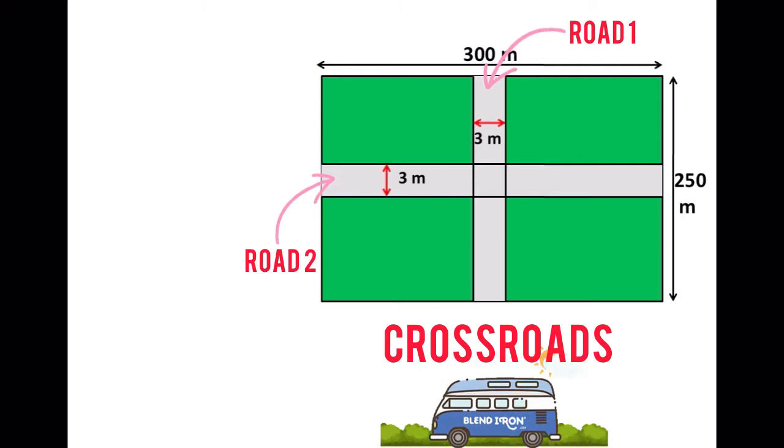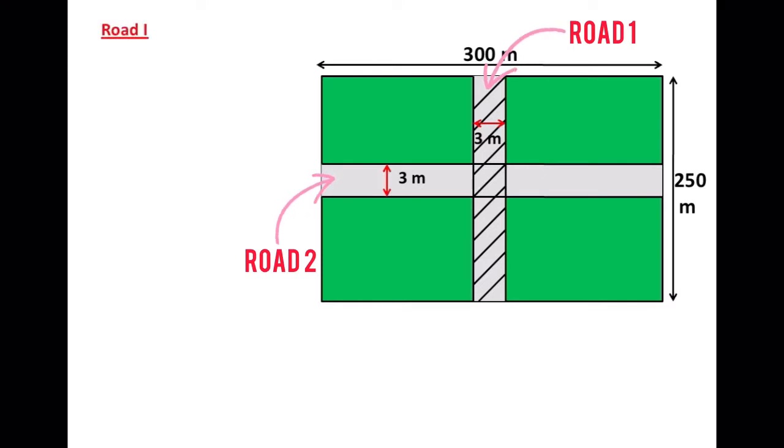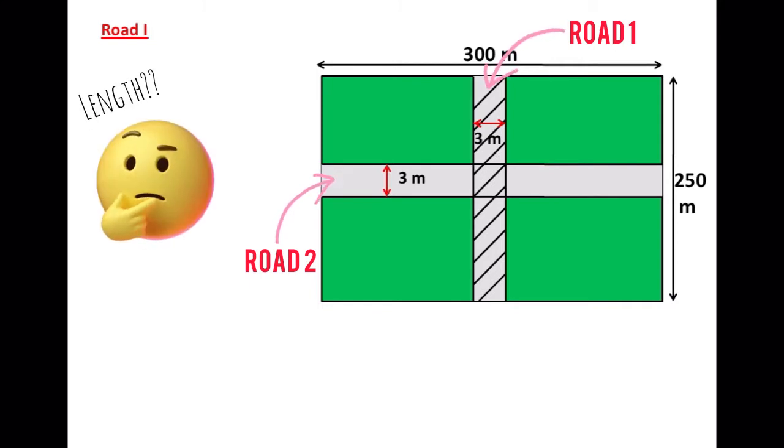Now the question is to find the area of the crossroads, that is the area of this shaded portion. So let's find the area of road 1 first. Since the road is rectangular in shape, we need the length and the breadth of the road to find its area.